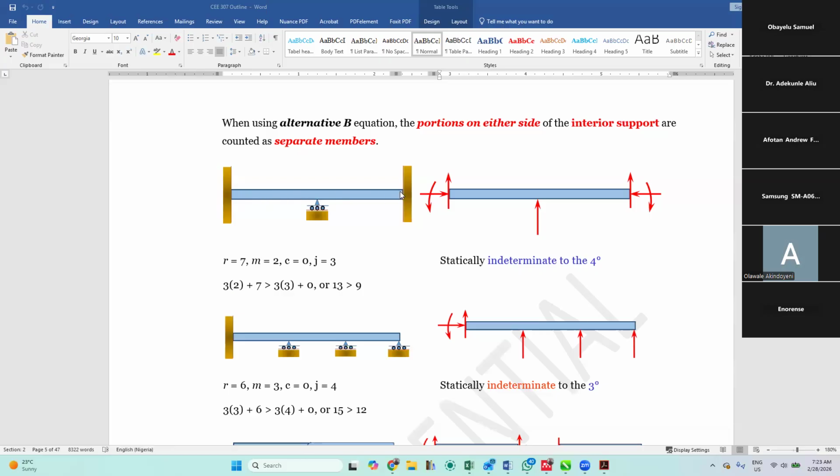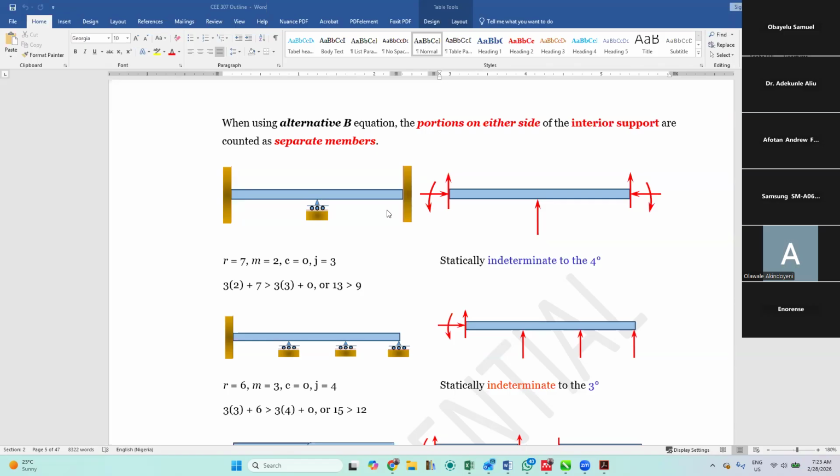No. Inside the member, there's no hinge. That is why our C is equal to 0. But joints, how many joints do we have? We have 3 joints. Joint 1, joint 2, joint 3, or where we have our support 1, 2, 3.